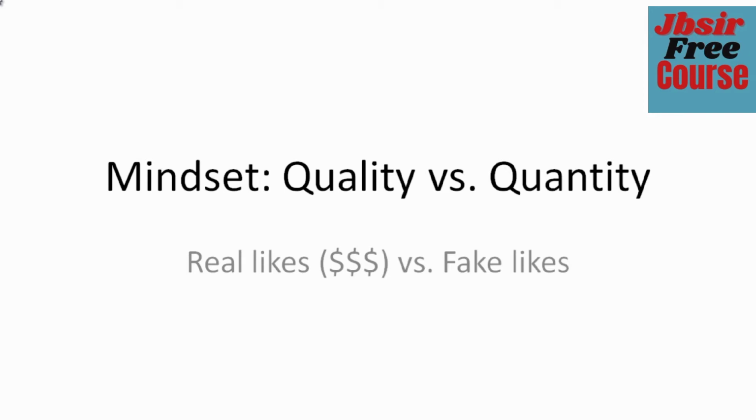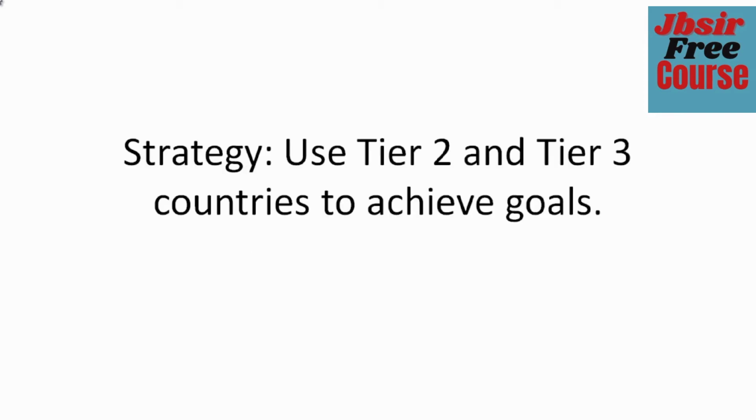Now, the downside with targeting tier 1 countries in terms of Facebook likes is it can cost a lot. It can cost anywhere from 10 cents, 50 cents a like to even several dollars. So we're going to get around this. The strategy here is that we're going to be targeting tier 2 and tier 3 countries to achieve these goals.